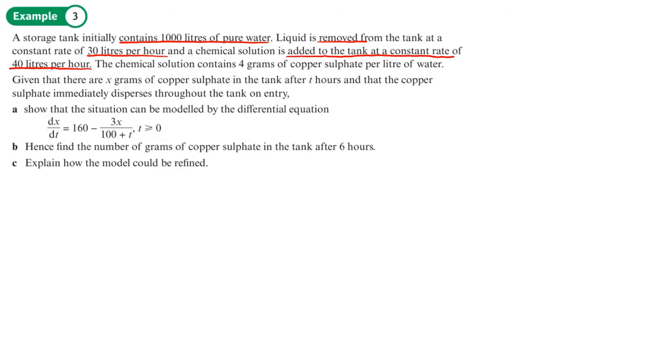The chemical solution contains 4 grams of copper sulfate per litre of water. Given that there are X grams of copper sulfate in the tank after T hours, and that the copper sulfate immediately disperses throughout the tank on entry, show that this situation can be modelled by the differential equation that we're given here.